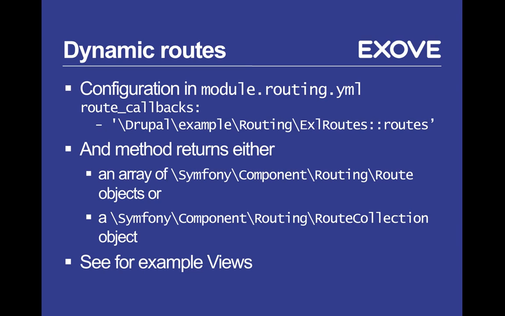So to make dynamic routes, you need more configuration there in the routing YAML, which tells where to get the callback. Yep, it's again namespace path to somewhere, and that thing there needs to return either an array of Symfony component routing routes objects or a collection of those of that format.